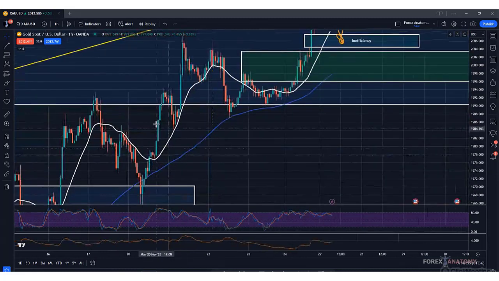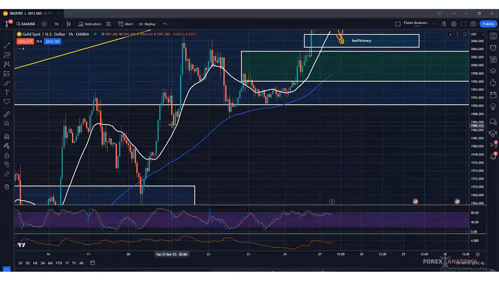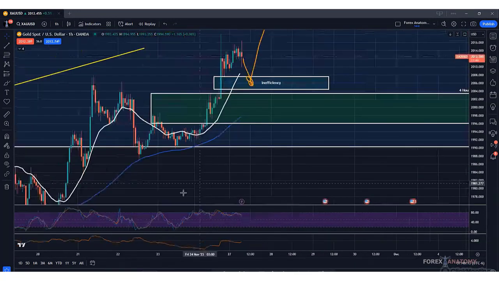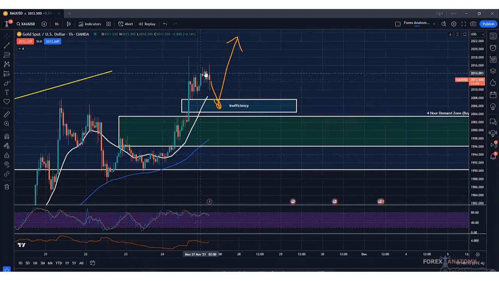But whenever price is moving strongly to the upside and the 20 SMA is sloping sharply to the upside, then expect a shallow retracement. So that's what we're expecting in this case, this small minor pullback to the zone, and then from there we'll look to buy.